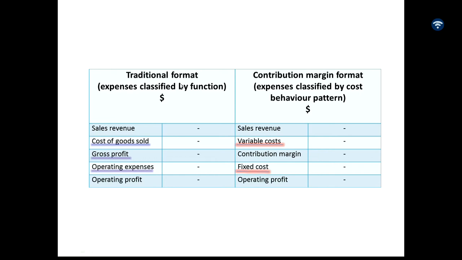Using traditional formats, inaccurate results could be generated when changes in activity levels are being considered, because it is assumed that all expenses change in proportion to change in activity. In other words, misleading and erroneous conclusions are avoidable by using the contribution margin format, since the cost behavior patterns are disclosed.